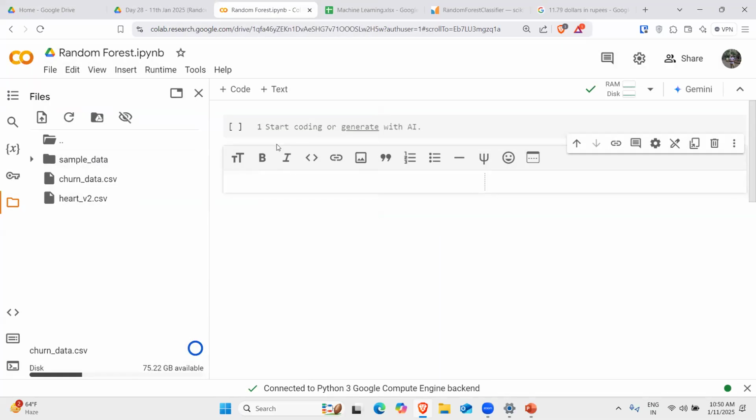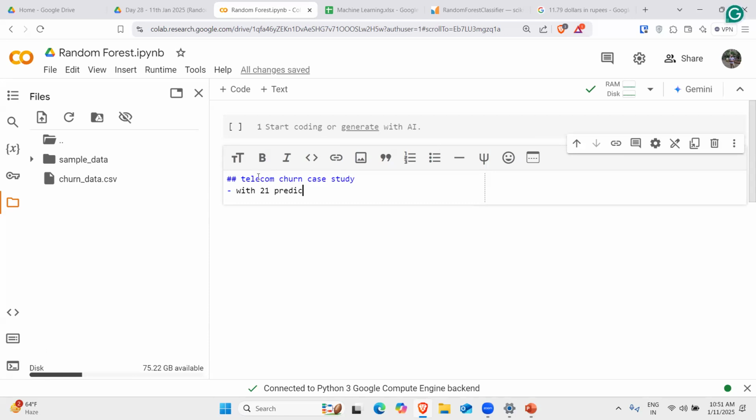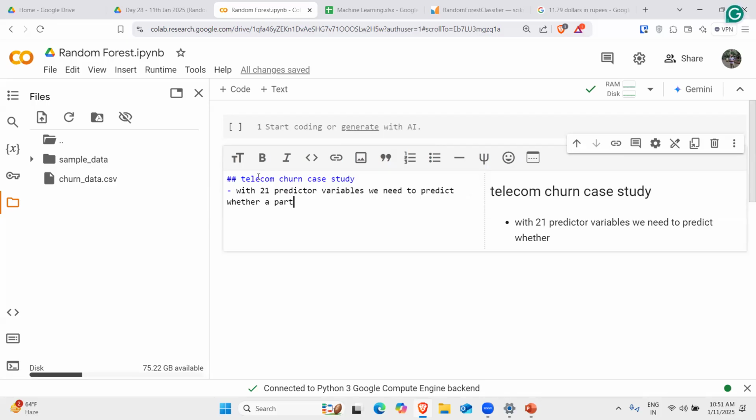It's a telecom churn case study, where we have 21 predictor variables and we need to predict whether a particular customer will switch to another telecom provider or not.